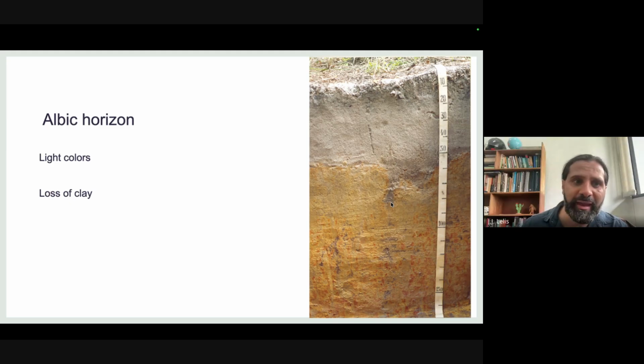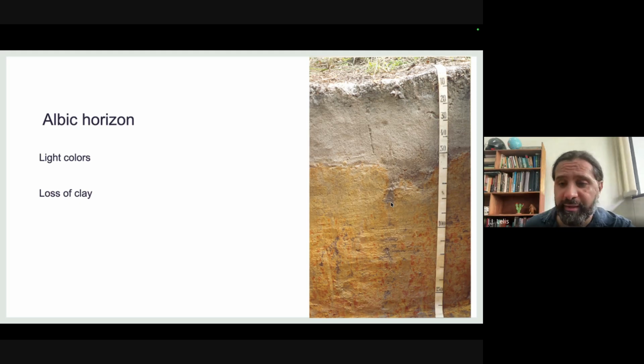Okay, this Albic horizon is formed by intense destruction of the clay fraction, or, of course, much more common, the migration of clay.